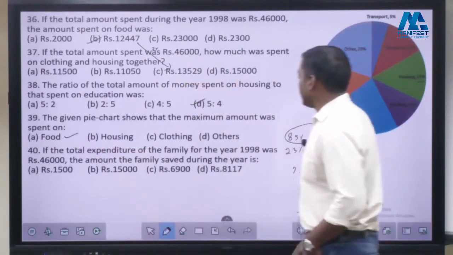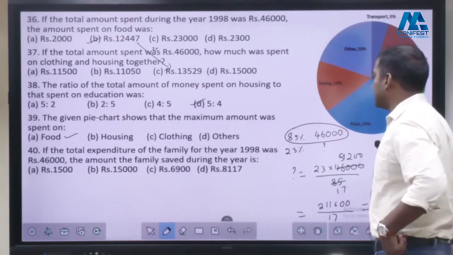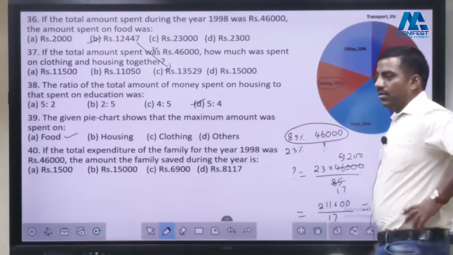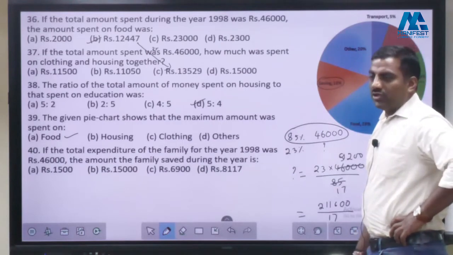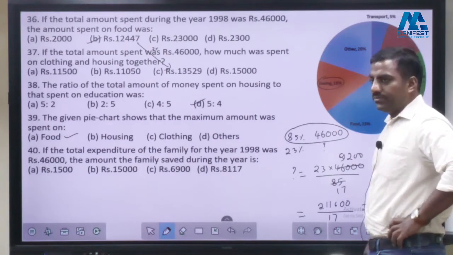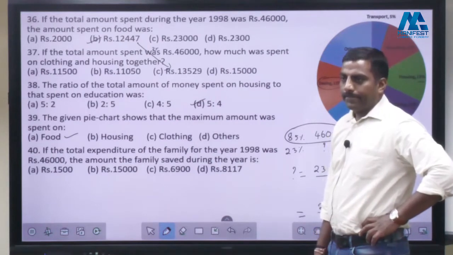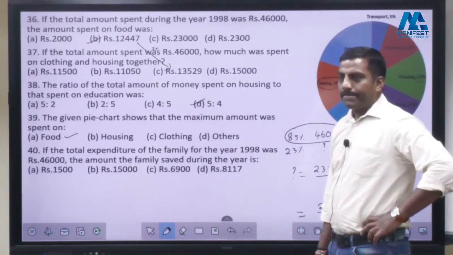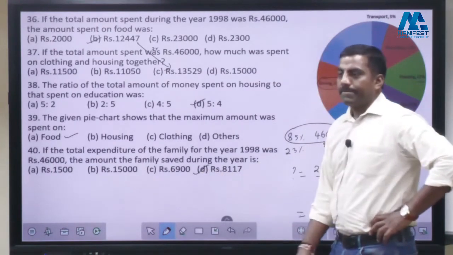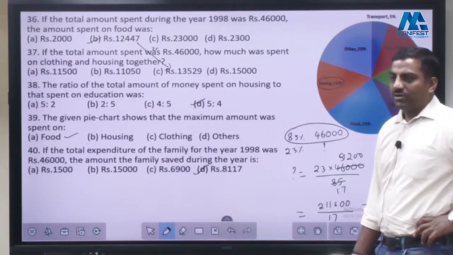If the total expenditure of the family for the year 1998 was 46,000, the amount the family saved during the year, how much is the saving? 15%, no? So if 85% is 46,000, what should be the answer for 15%?